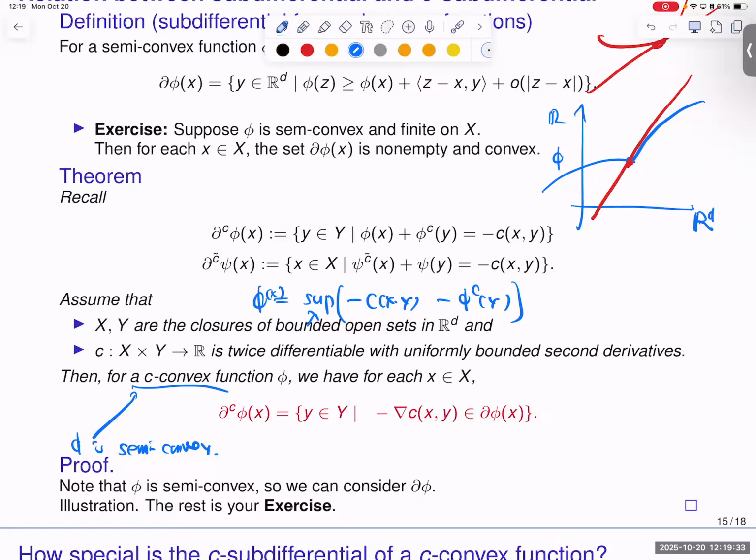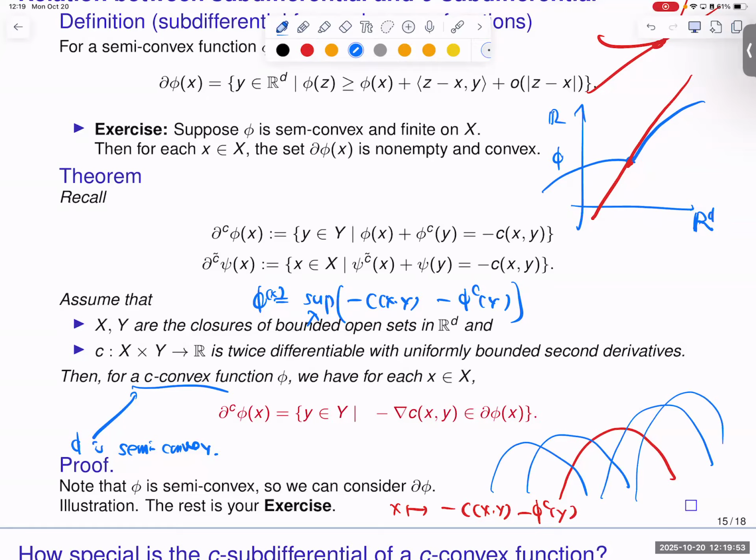What is the meaning? What is a c-convex function? c-convex functions are like this. You have a family of these c-supporting functions, each looking like this, right? It's good to consider the case when c is the distance squared function, for example c is |x minus y|^2 over 2.